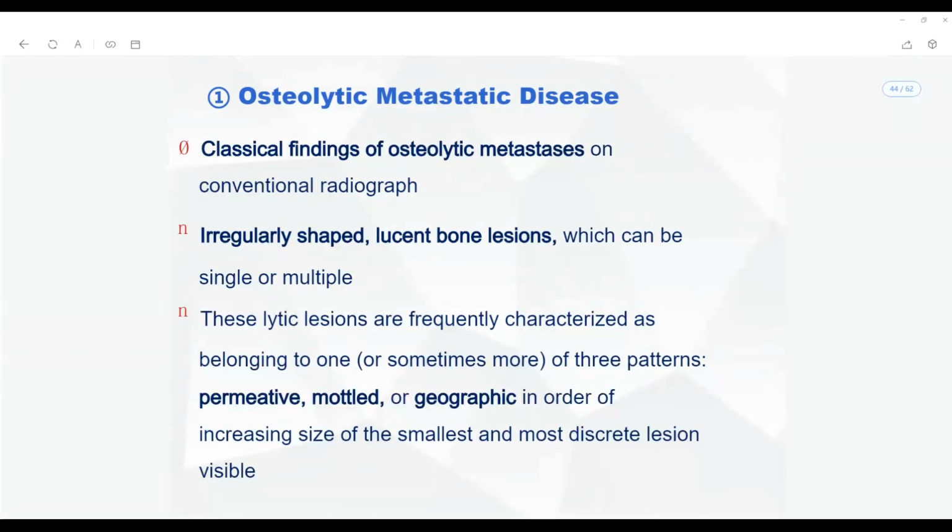But you have to remember one thing: salt and pepper sign is completely related to Paget's disease, or a hair on end appearance, but multiple myeloma is related to the skip lesions, lytic lesions. All right, is this understood? Is there any confusion here?